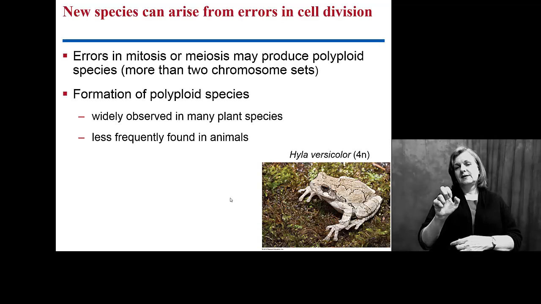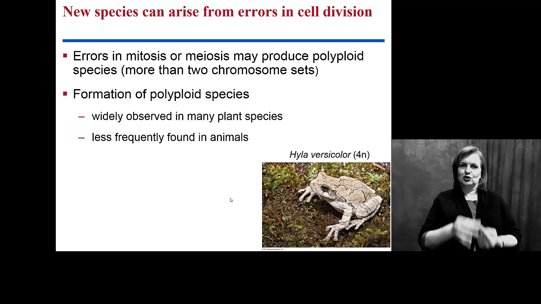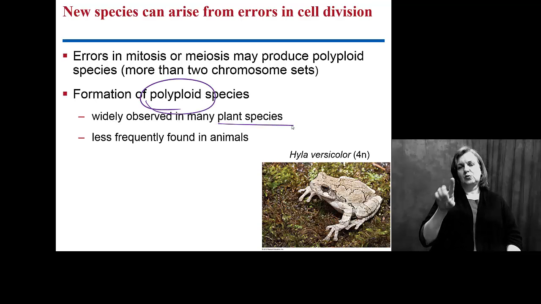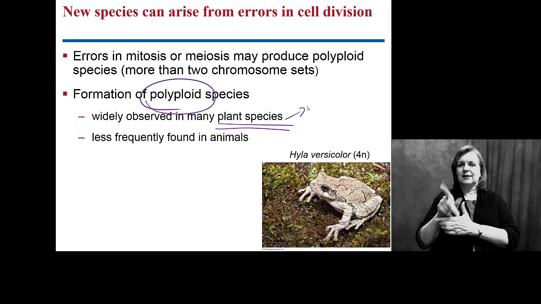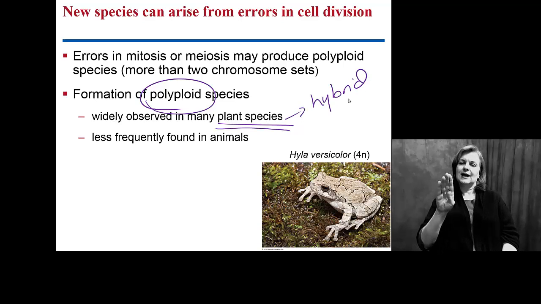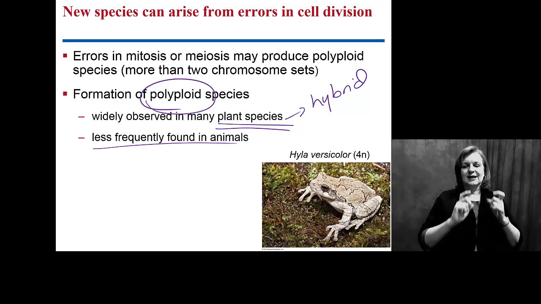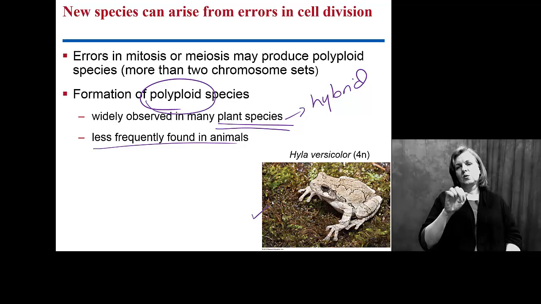But what we do look at is that non-disjunction idea has actually led to some very unique species. Polyploidy is extremely common in plant species and leads to hybrid plants and all kinds of very unique varieties of plants. We see it less frequently in animals, although I give you an example here of the gray tree frog.